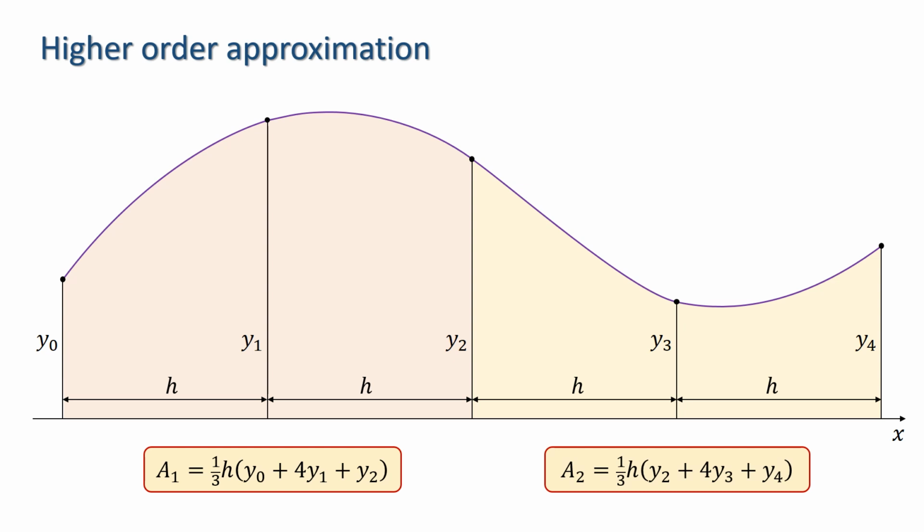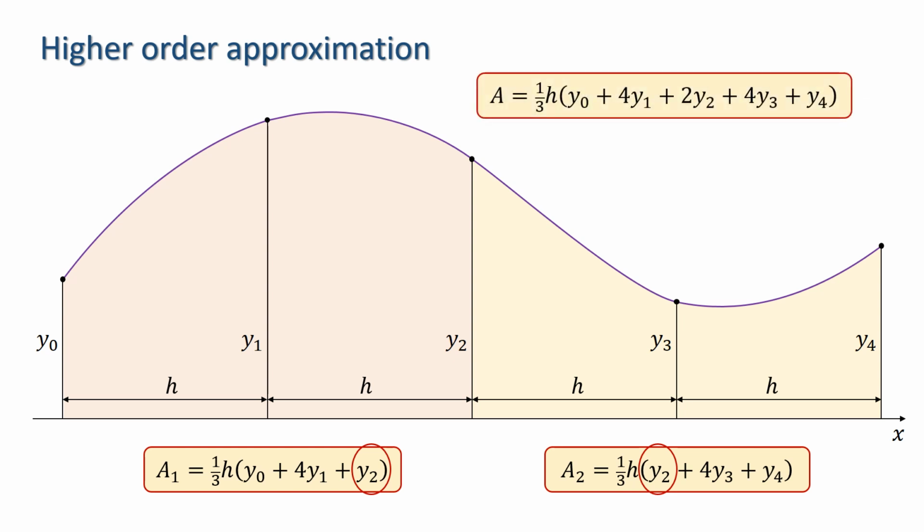As with the trapezium rule, we can see that the common end value, which in this case is y2, appears twice. Thus, we have the total area A equals a third h times (y0 plus 4y1 plus 2y2 plus 4y3 plus y4).